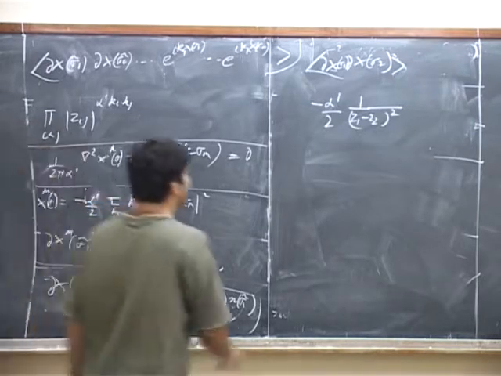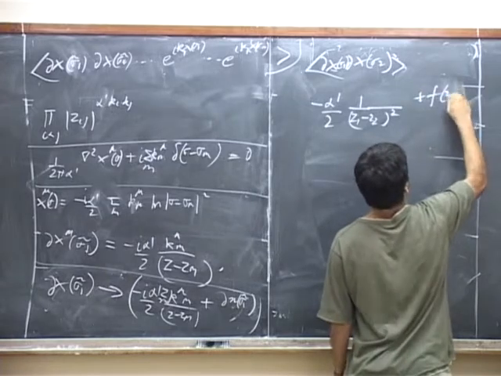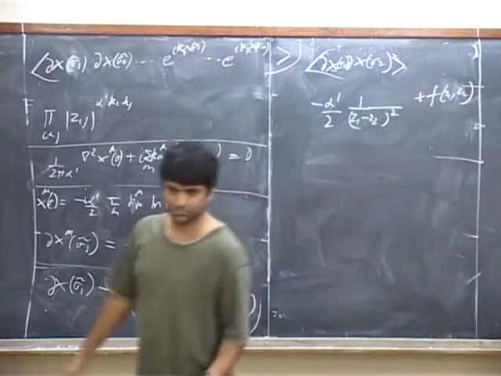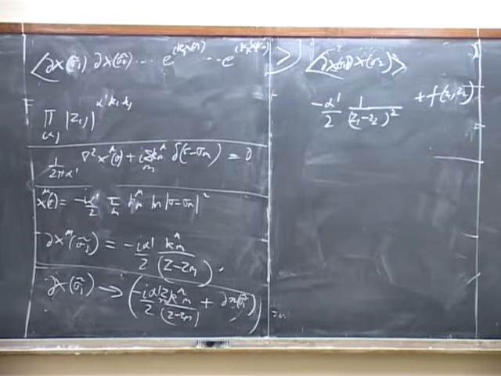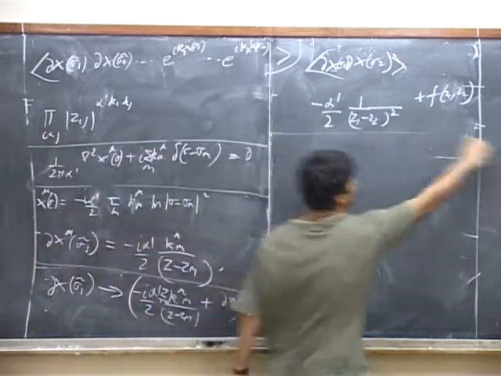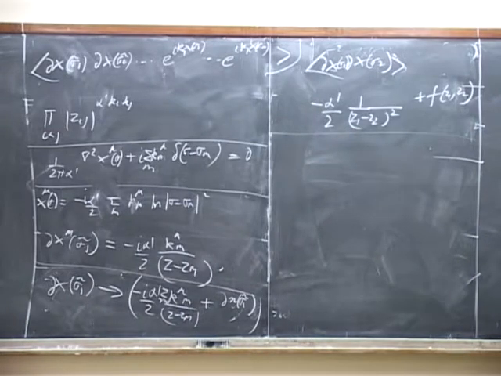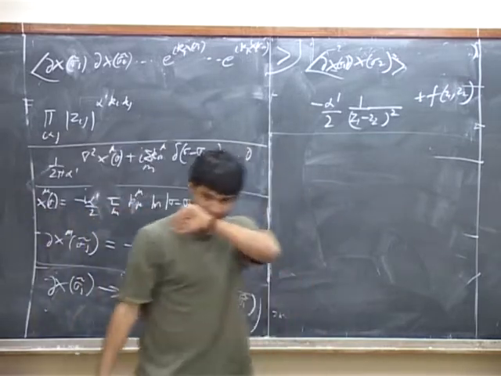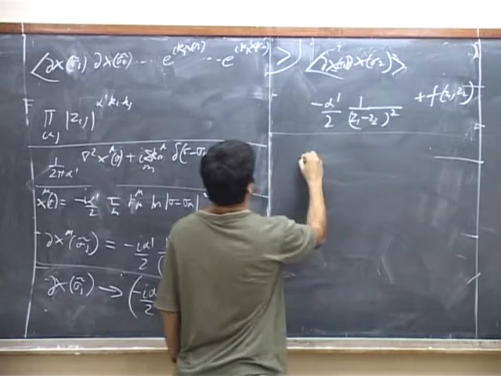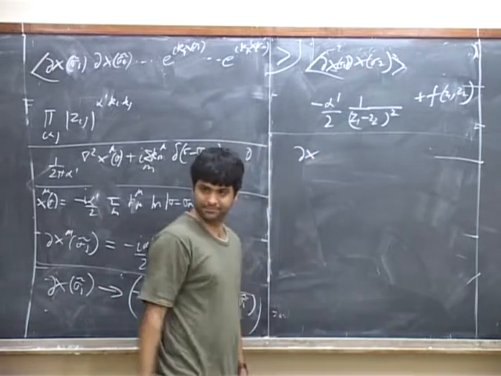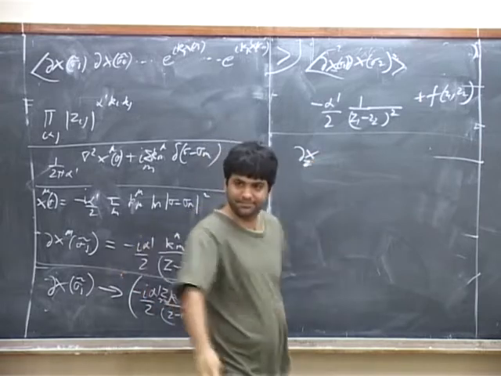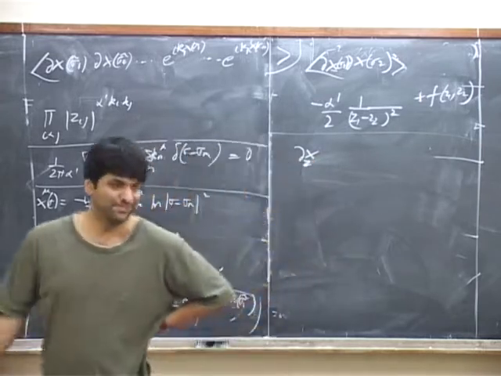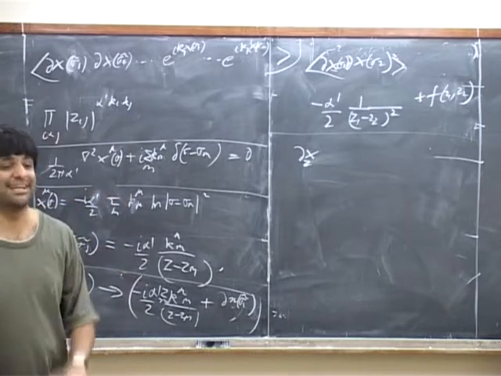So to this we can add any function of z1 and z2 that is analytic. But this correlation function has to be completely well defined everywhere on the sphere. So let's see. Suppose we have del X, del z of X. Let's see what it becomes in terms of del u, the game we played last class.